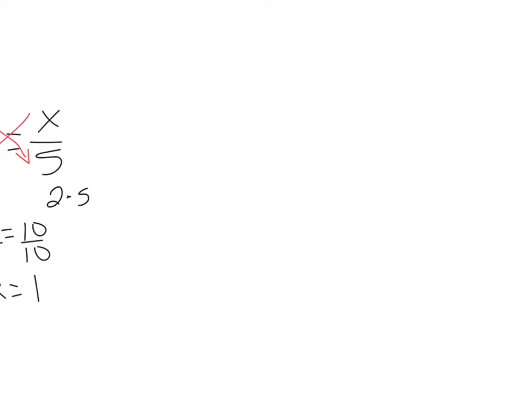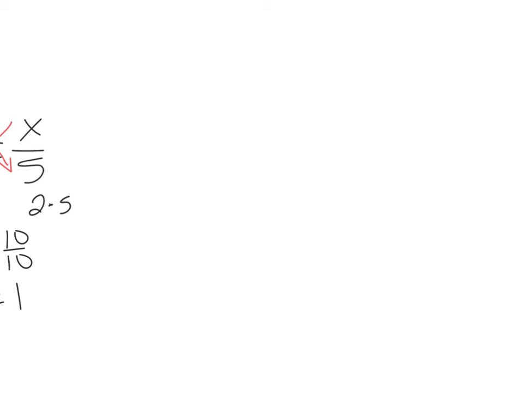Okay, let's do one more. I'm going to make this one up off the top of my head too, so who knows how it's going to go. Let's do 3 over 7 is equal to, let's see, 9 over x.